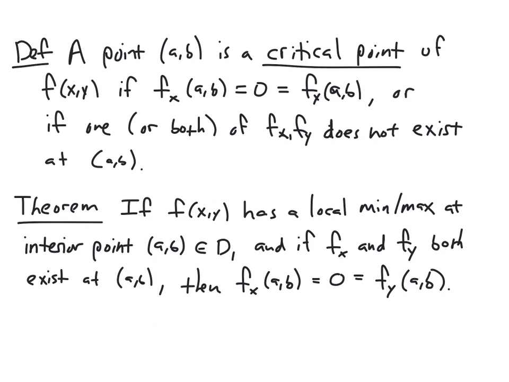Now, one thing I want to point out about this theorem is I did use a term that I've not used in the course before, and that is interior point. That will become clear when we do some examples. But just as a quick example to give you the idea here, suppose we had a function and we cared about the function values on some rectangle in the plane. By rectangle, I mean the four sides of the rectangle as well as what's inside of the rectangle.